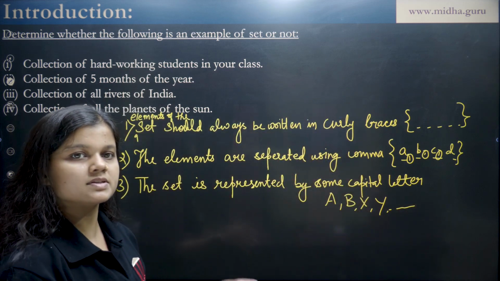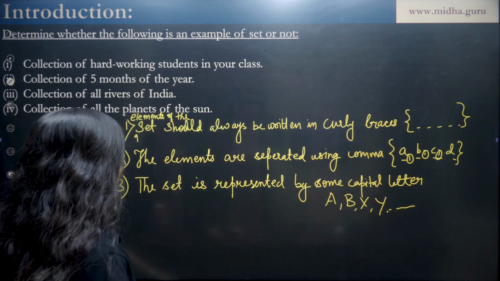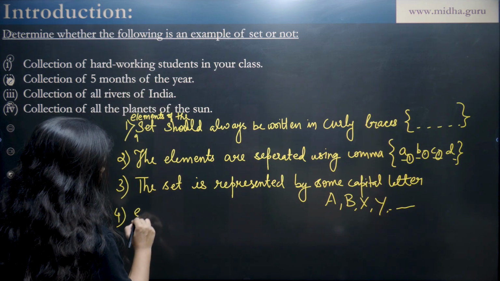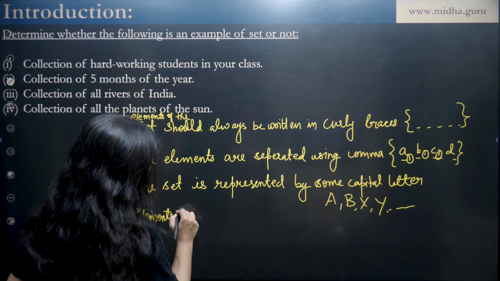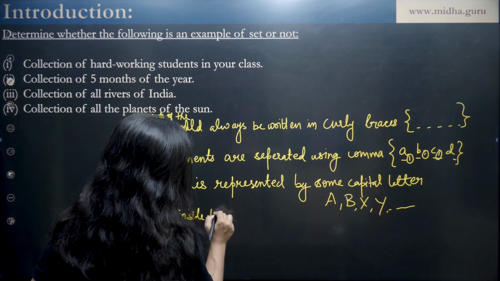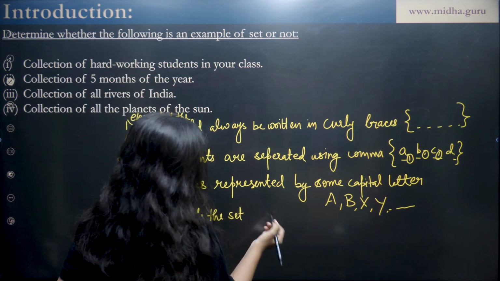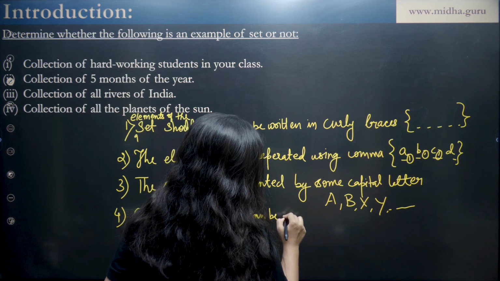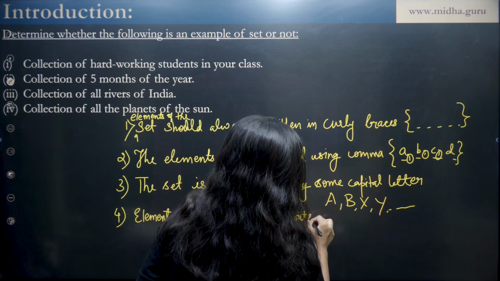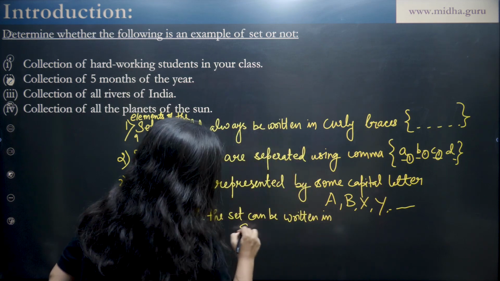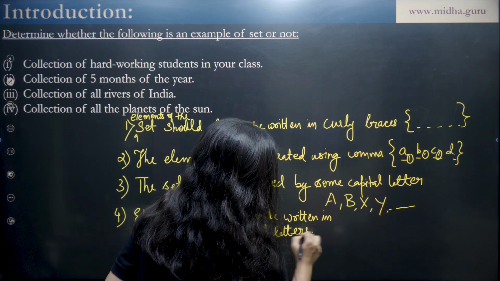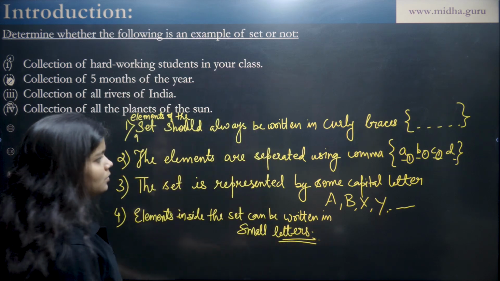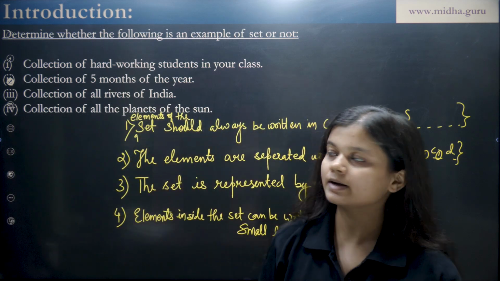The sets are always represented in capital letters and the elements inside the set can be written in small letters. Right. So these are some of the important points regarding sets.